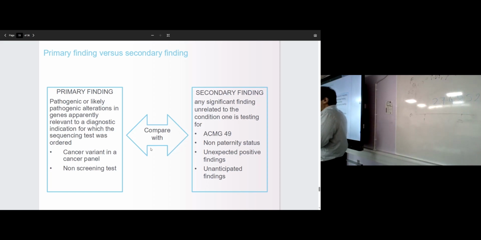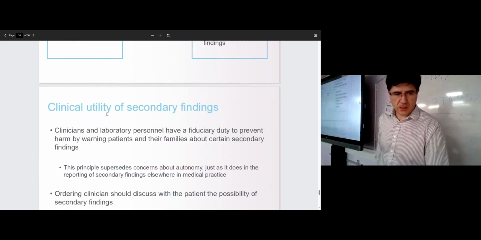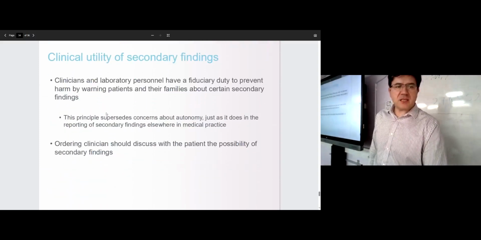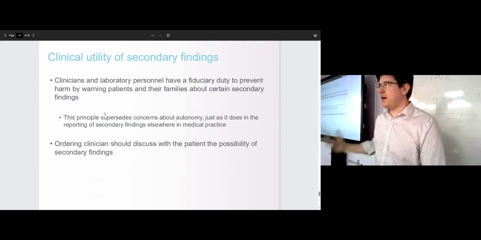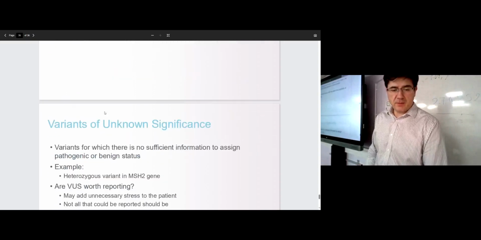So you weren't expecting it, but because you performed that technique, you find something you were not expecting that may have a strong impact. So that's a secondary finding, okay? And sometimes secondary findings are indicated, sometimes they are not.